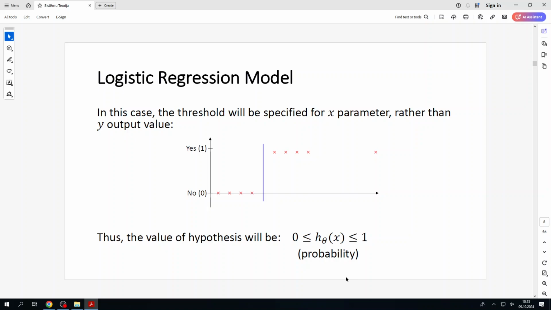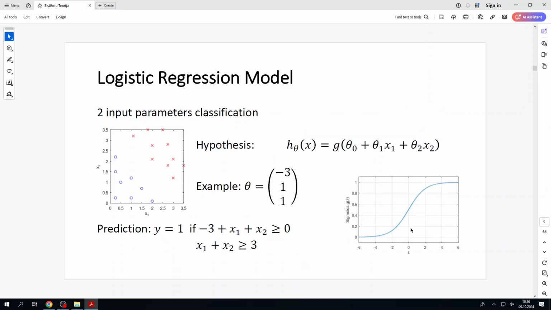In that case, our boundary between classes is no longer the linear function we had, but rather a certain threshold, which separates your negative class results from positive class results. So that means your hypothesis had to be changed, and we did so by introducing the activation function, which we applied to the already familiar hypothesis.